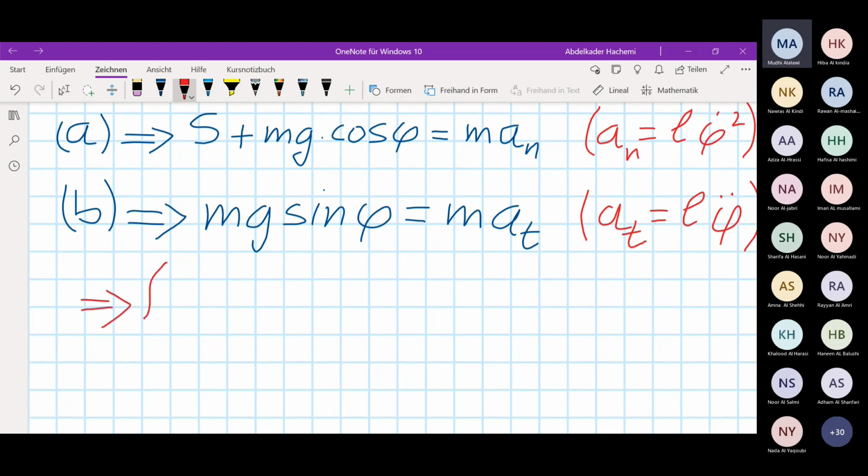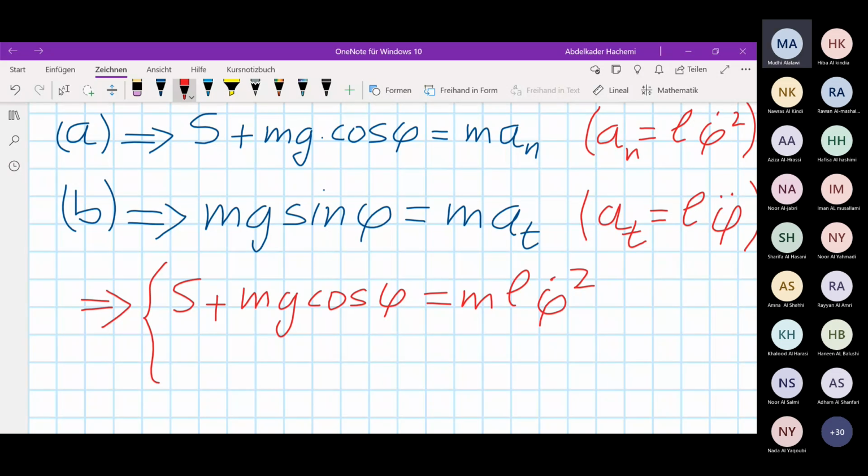The first: S plus m g cosine phi is equal to m L phi dot square.